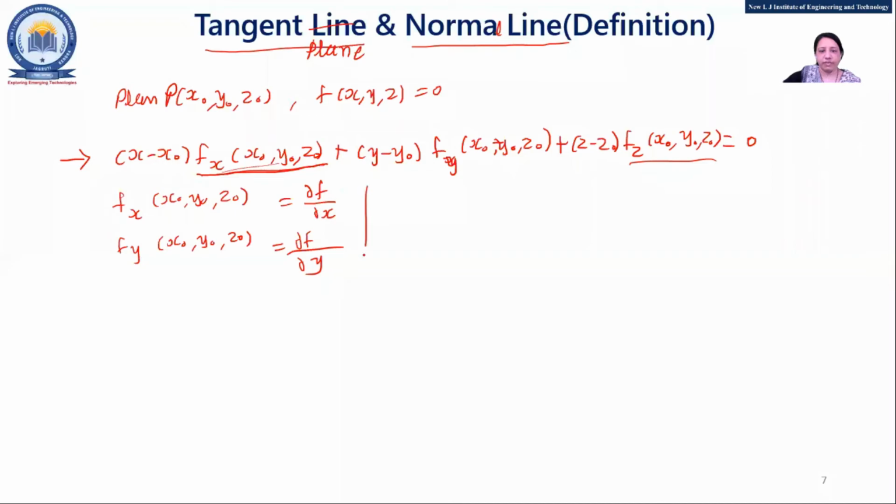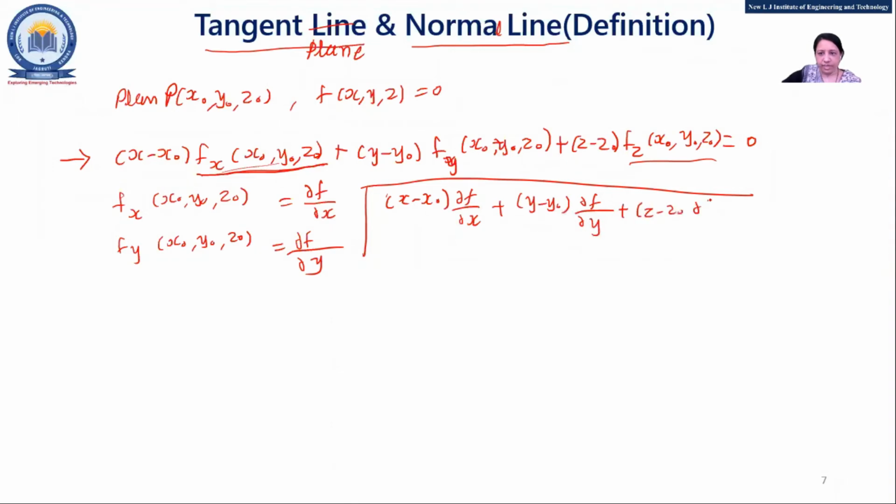So you can say our final equation would be like this, if you want to remember it that way. (x minus x0) del f by del x plus (y minus y0) del f by del y plus (z minus z0) del f by del z equal to 0. So this is the tangent plane equation.